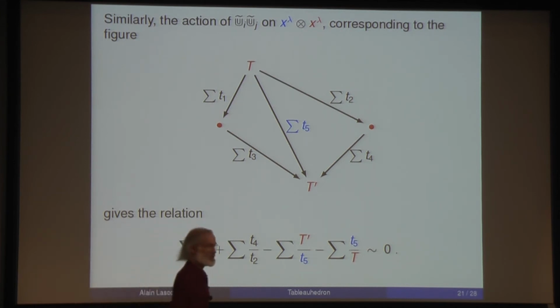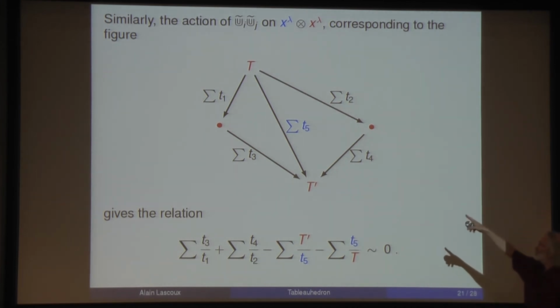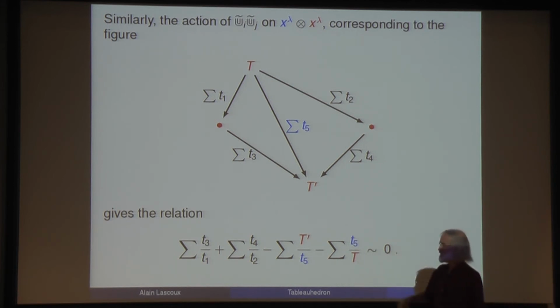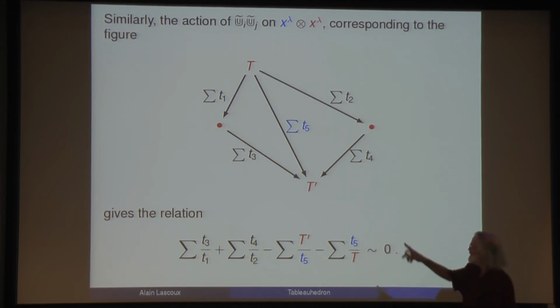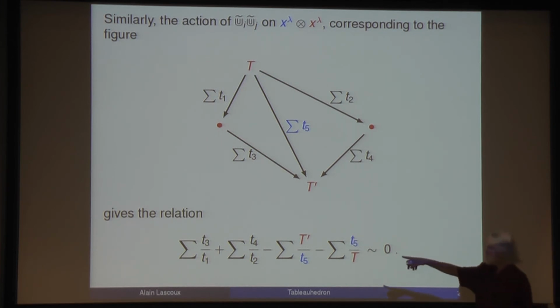And so the identity that I have is really, I take as a product. But remember, the left was evaluated in the inverse variable. So it really means that the sum of T3 divided by T1, that is to say the sum where I take all the elements on the edge and all the elements on the preceding edge, so this sum minus the middle terms is equal to 0.